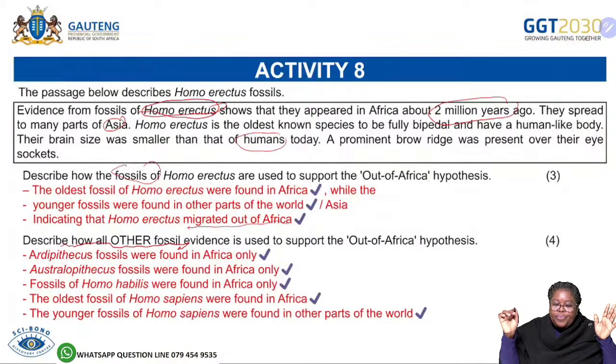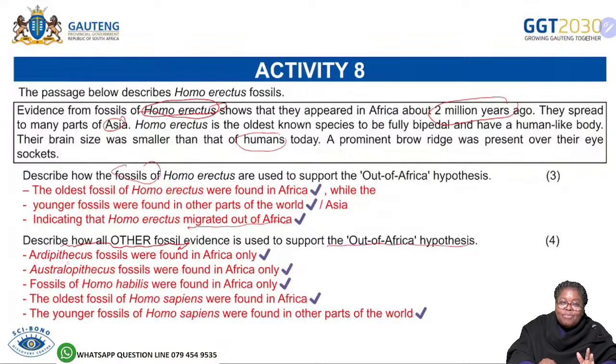Remember, Homo erectus is not the only fossil, but we have got other fossils as depicted in our exam guideline. This one, you need to know your exam guideline to get the 4 marks. Listen, describe how all other fossil evidence is used to support out of Africa hypothesis. So you must say this according to exam guideline.